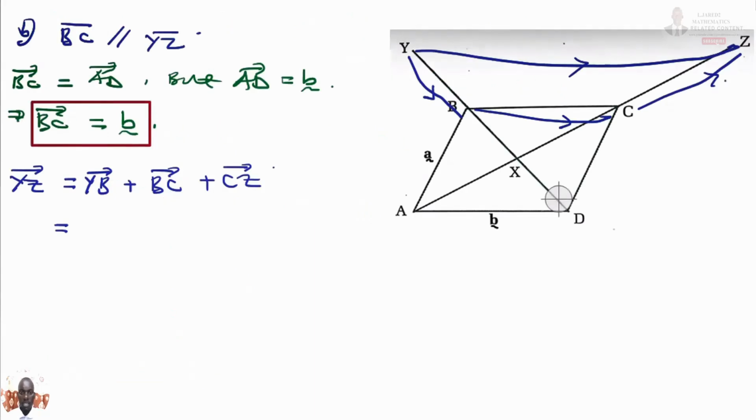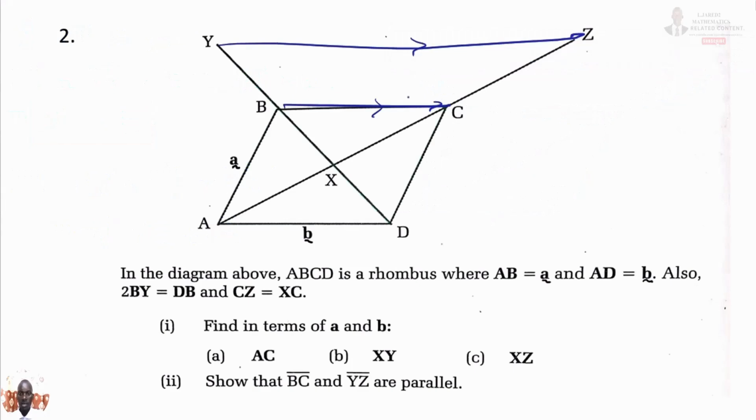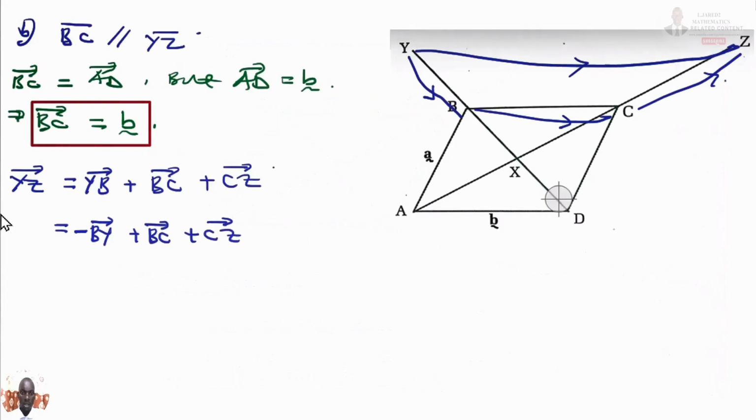So this is the same as negative vector BY plus vector BC, which we have here, plus vector CZ. From the question, vector CZ is the same as vector XC, and we got vector XC in part C of Roman number 1. So this is the same as negative a half of vector A minus vector B, plus vector BC, which is simply B, plus vector CZ.